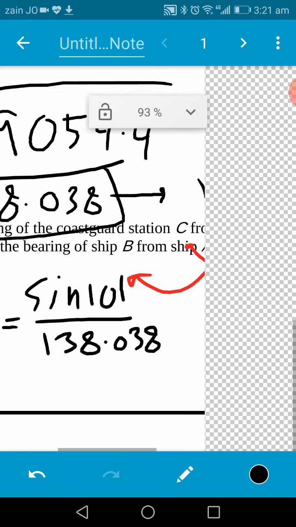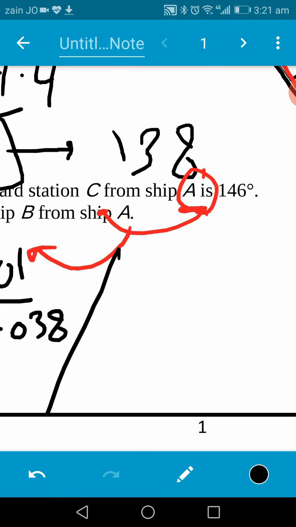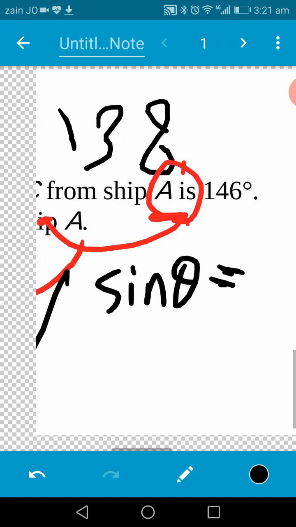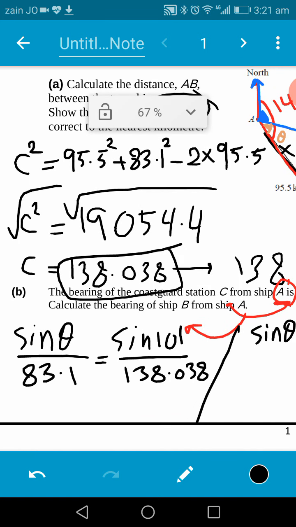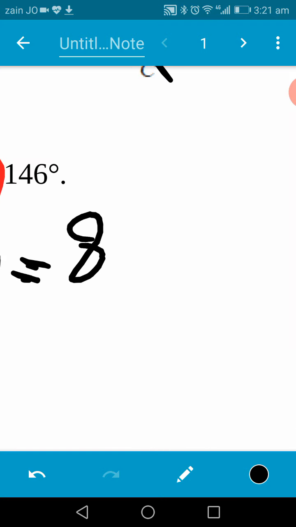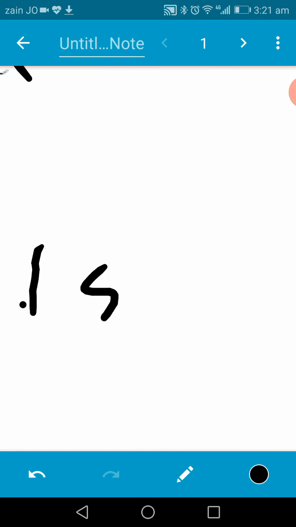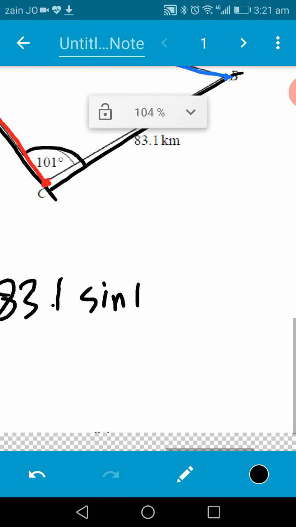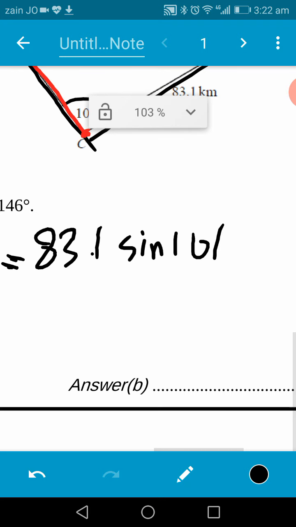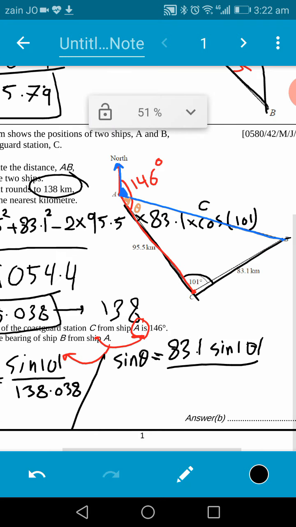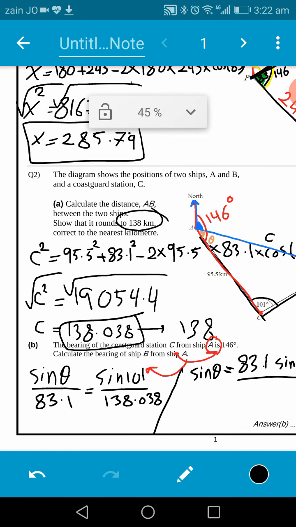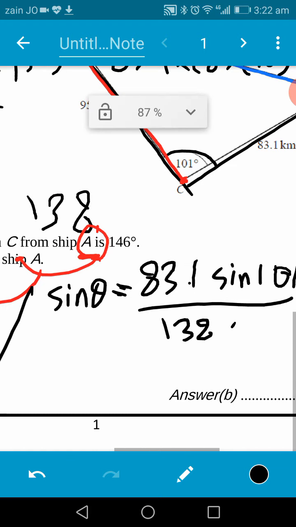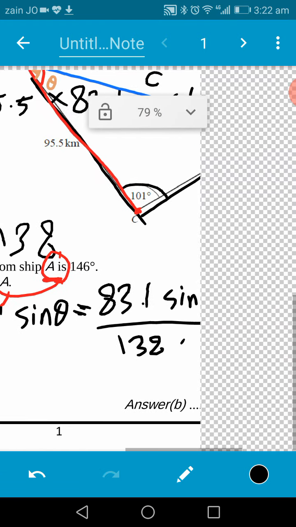Then do the cross product, you get sine theta equals 83.1 times sine 101 over 138.038.